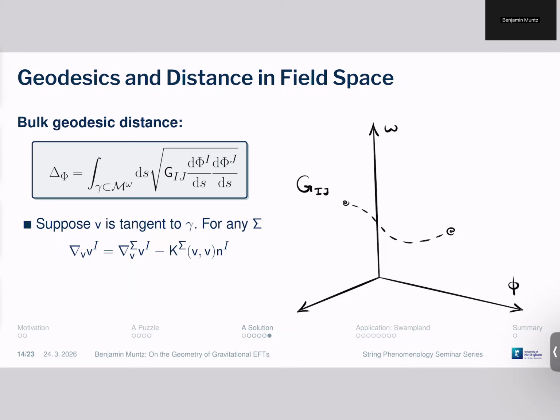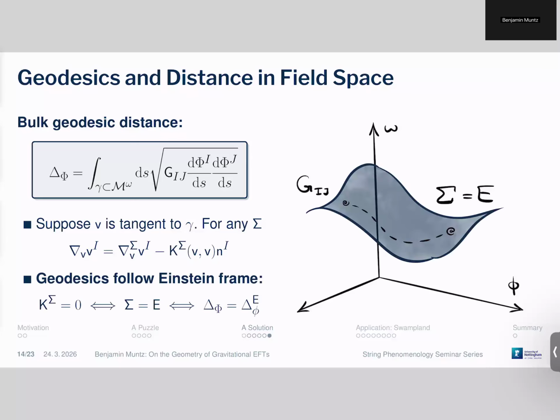And it turns out if you demand that the extrinsic curvature vanishes, it is the Einstein frame that does this. And so this is the main catch, that geodesic distances computed in the augmented field space will agree with geodesics in the Einstein frame.